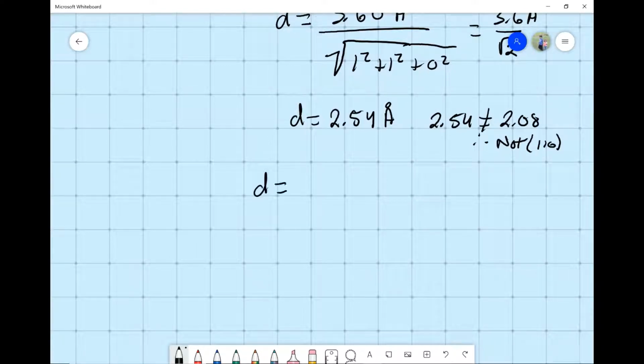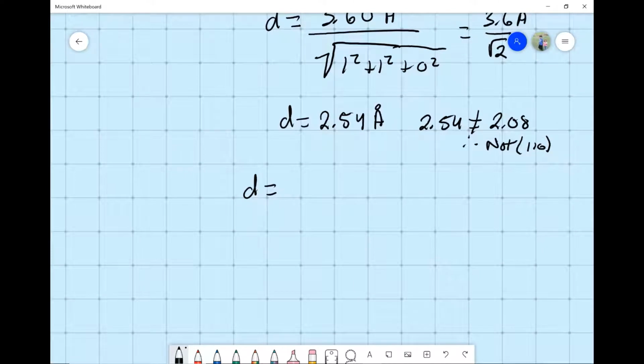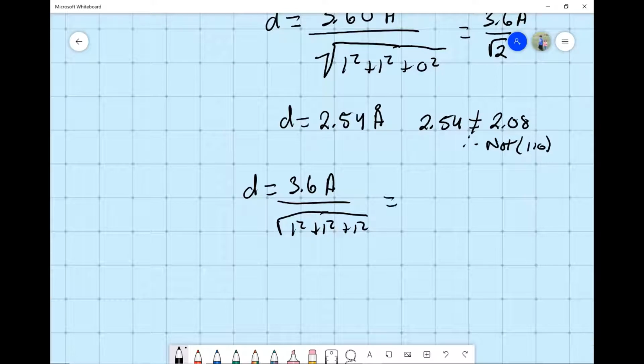So D equals 3.6, oops, I'm so sorry, divided by the square root of 1 squared plus 1 squared plus 1 squared. That's the square root of 3.